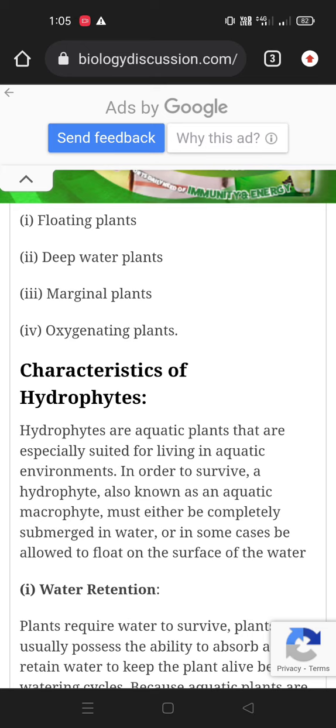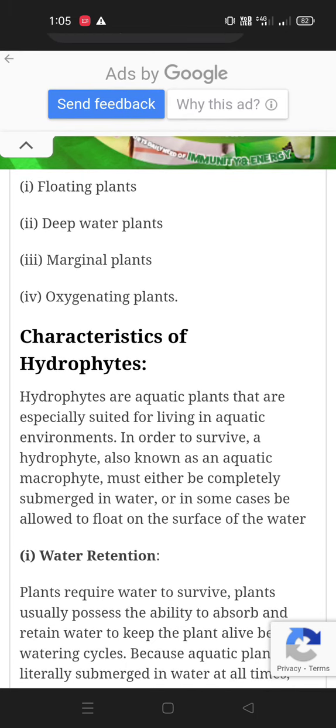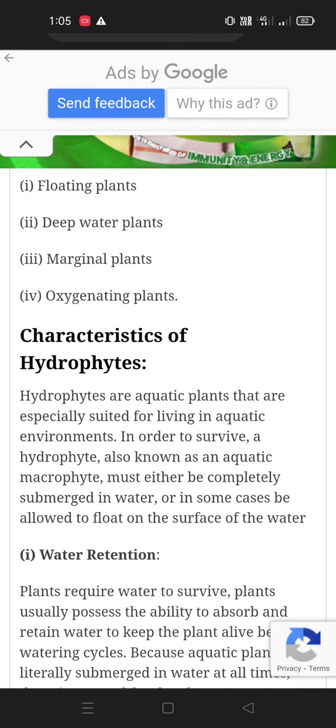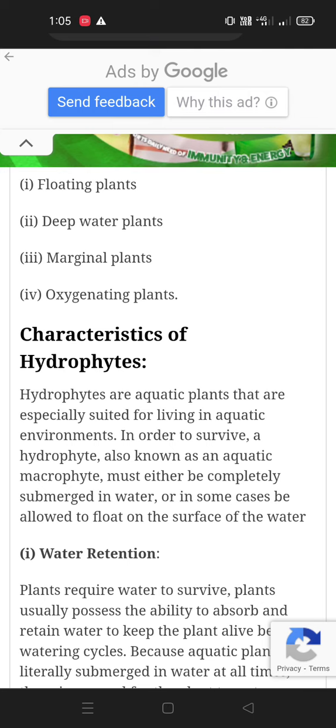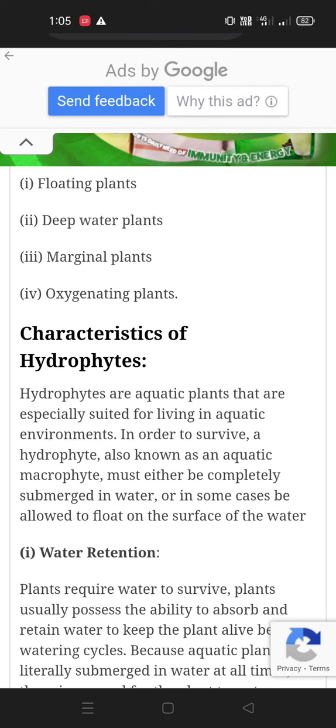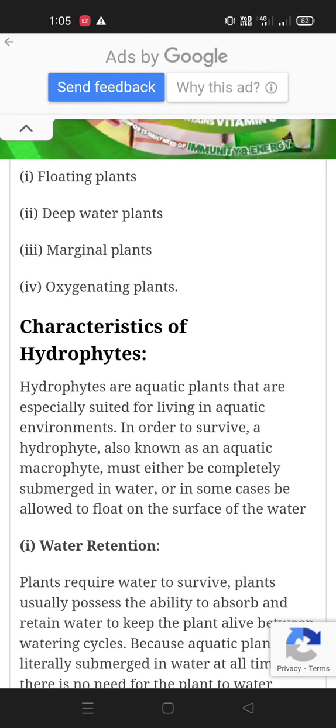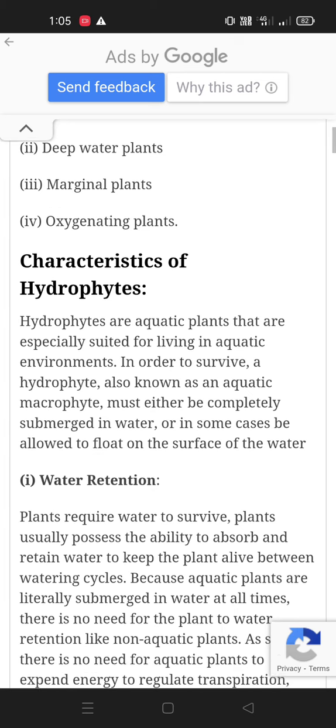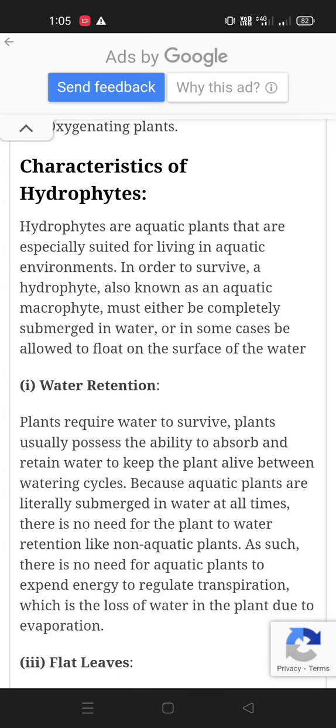Characteristics of hydrophytes. Hydrophytes are aquatic plants that are especially suited for living in an aquatic environment. In order to survive, a hydrophyte, also known as an aquatic macrophyte, must either be completely submerged in water or in some cases be allowed to float on the surface of the water. Water retention. Plants require water to survive.